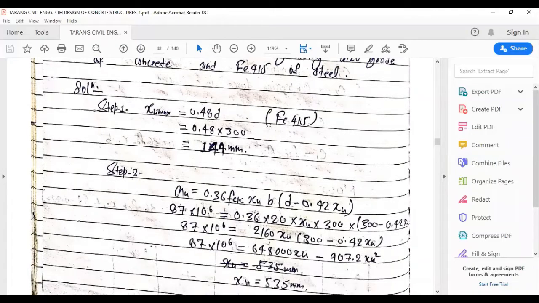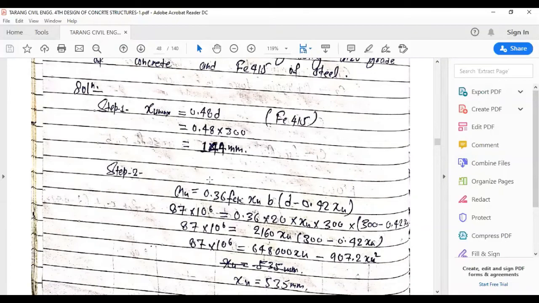Next is step 2, finding the value of ultimate moment, which is given by the formula 0.36 FCK XU B, multiplied by Z, where Z is D minus 0.42 XU.